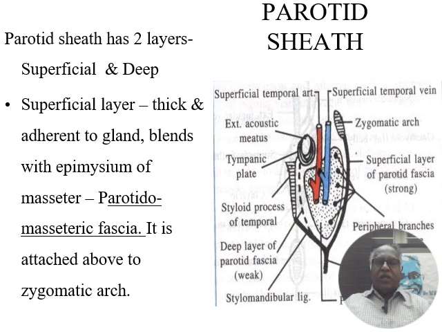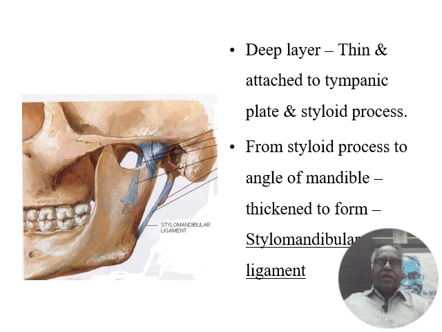The superficial layer is thick, embedded with the masseter muscle, and above it is attached to the zygomatic arch. The deeper layer is thin and attached to the tympanic plate and the styloid process. From the styloid process to the angle of the mandible, there is a thickened stylomandibular ligament.